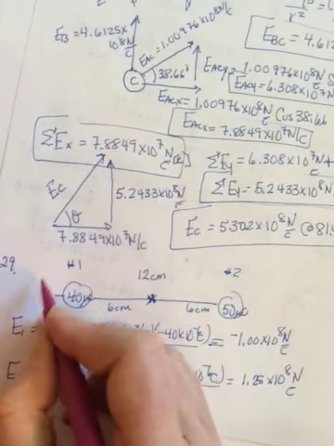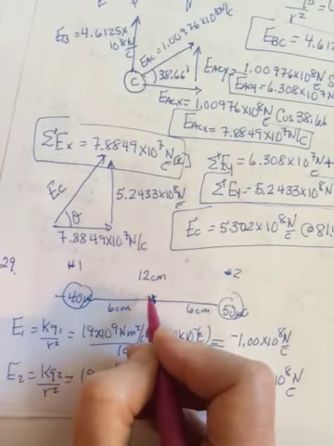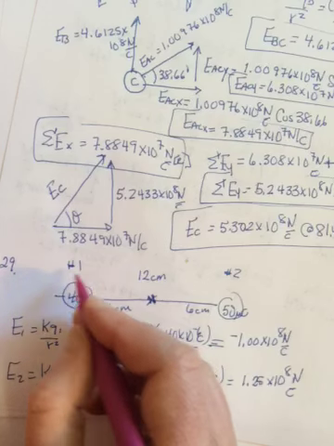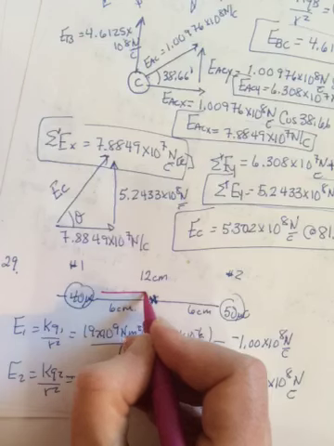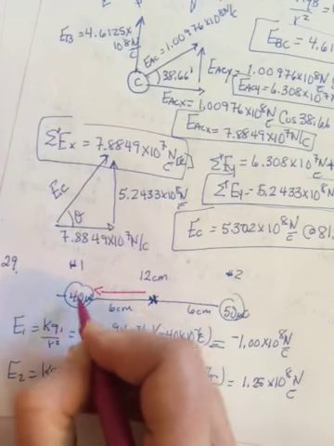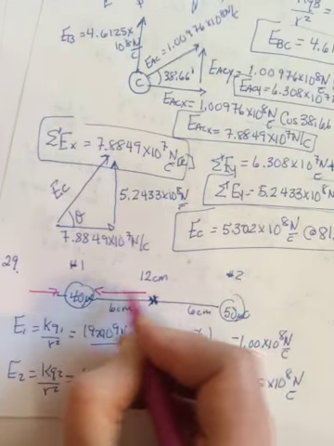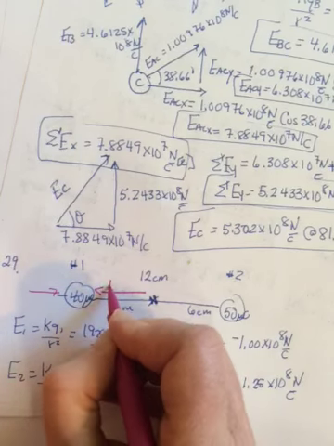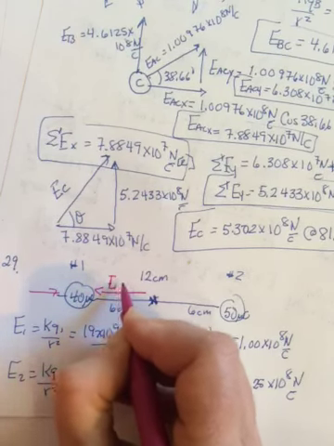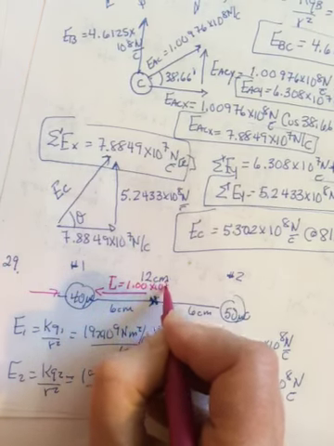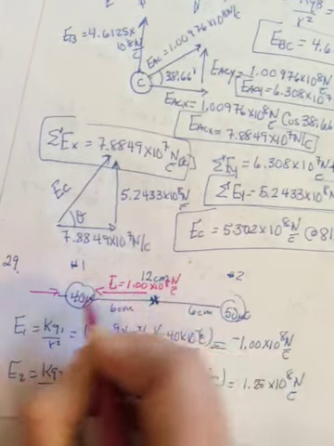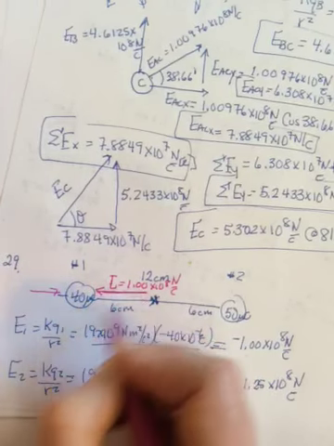So what is E1 doing at this point? Well, number 1 is a negative charge, and in negative charges, the field lines are going in, right? They're going into number 1. So right here, this field, E1, then, is really 1.00 times 10 to the 8th newtons per coulomb, and it's going in the direction I have drawn here.